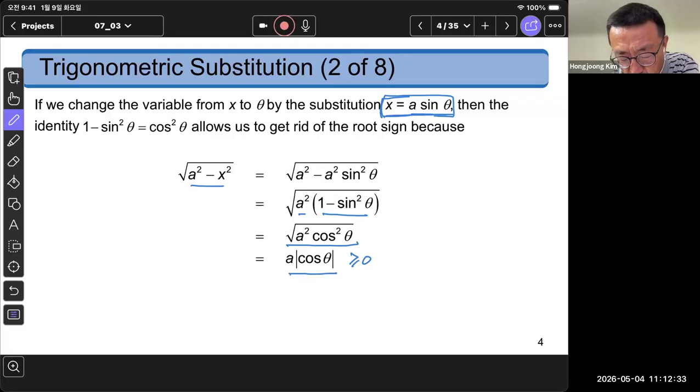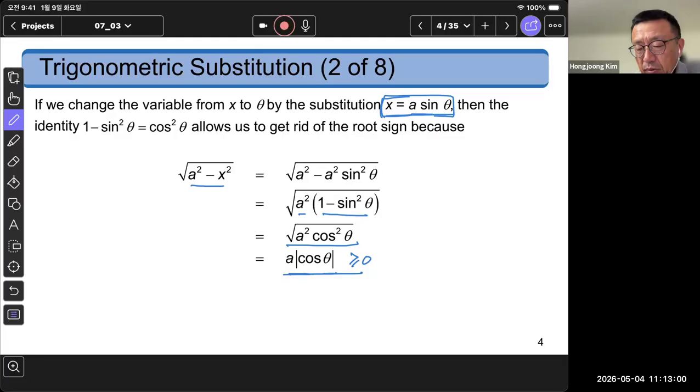Then this square root function can be written as a times the absolute value of cosine theta, right? That is fine in the sense that I don't have the square root function, but I'm not happy with this absolute value sign. I want to eliminate it.